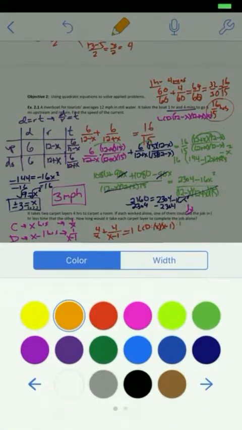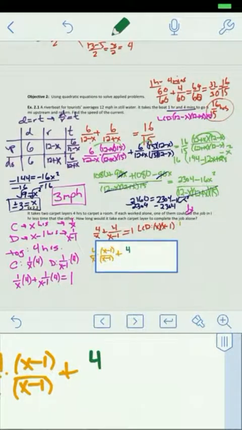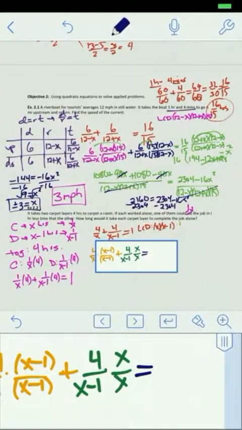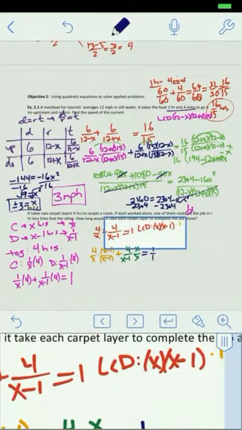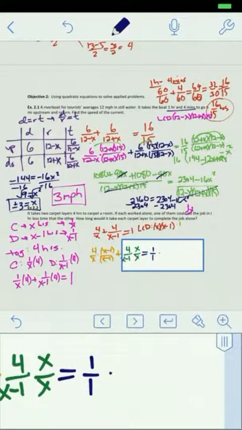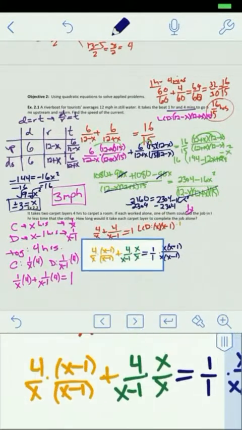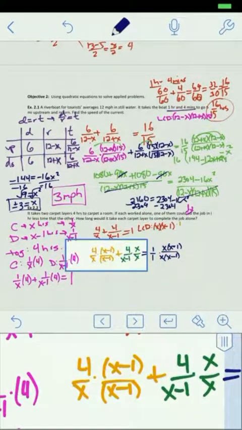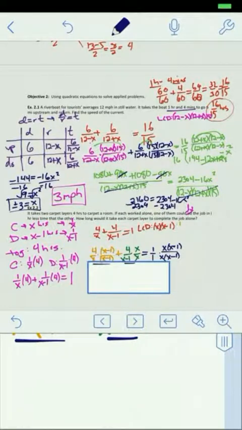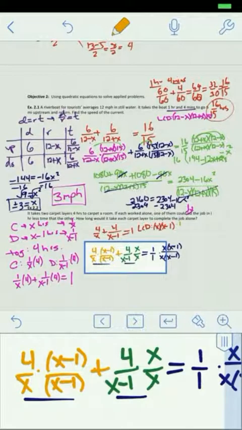Plus, let's try Dan. Dan is 4 over X minus 1. What's missing from there is an X over X. And then the total is missing both. I have 1 over 1, because it's the same thing as 1, times the X minus 1 over the X minus 1. Alrighty, let's simplify this a little bit. Let's simplify the first one.